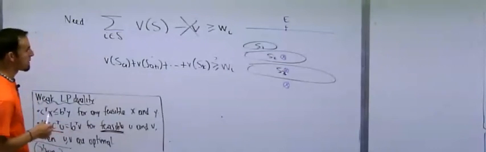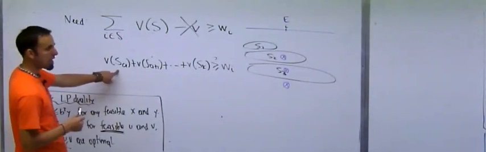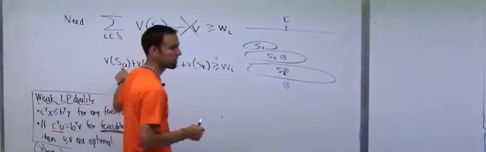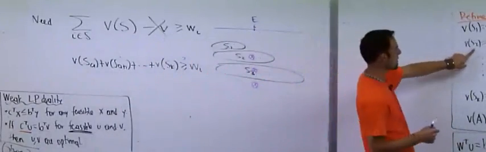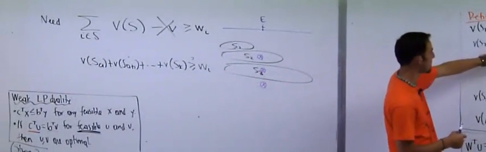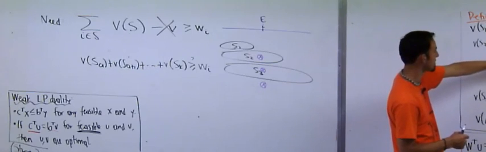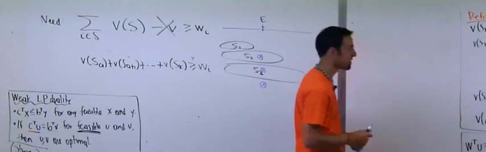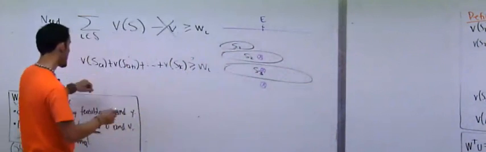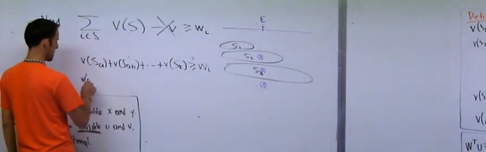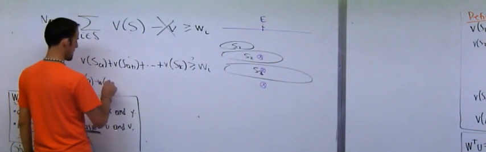Okay. But now what is V of S_a? Well, V of S anything is W of anything minus W of anything plus 1. So V of S_a is W of a minus W of a plus 1.